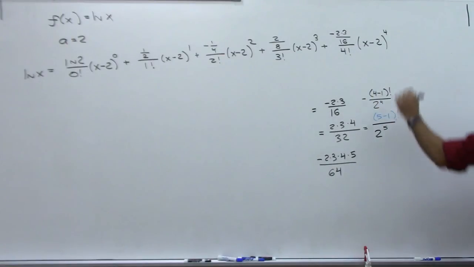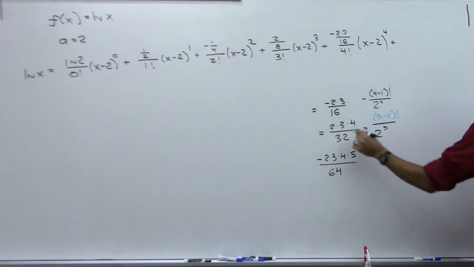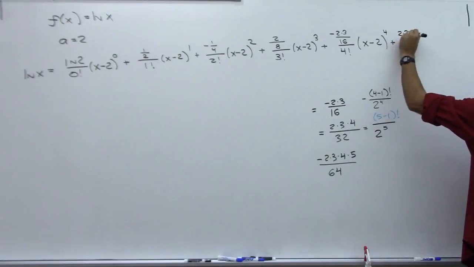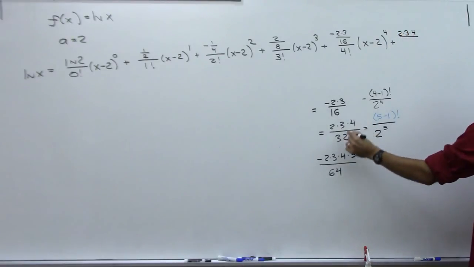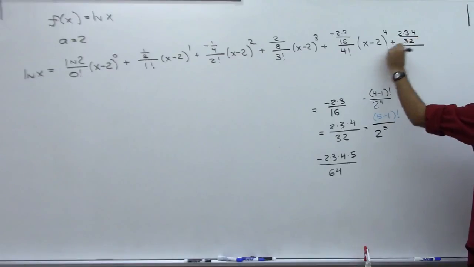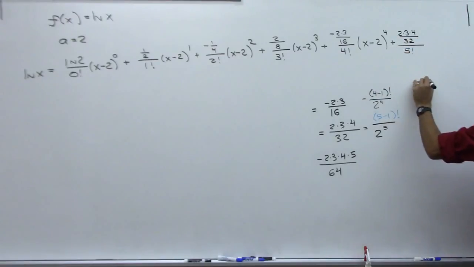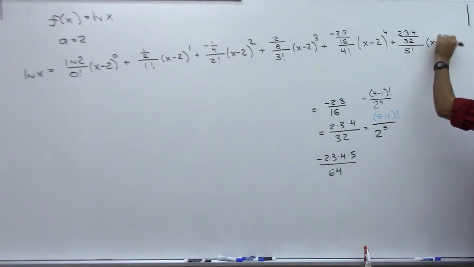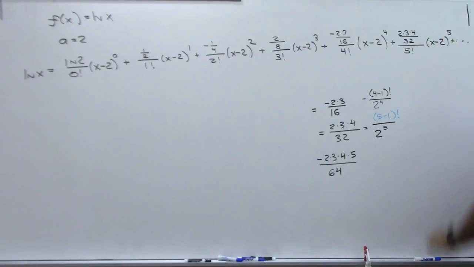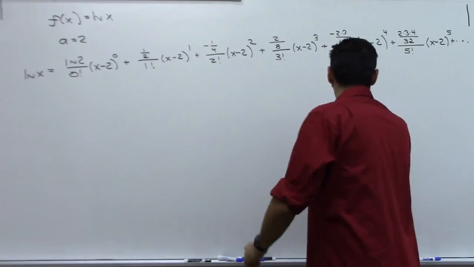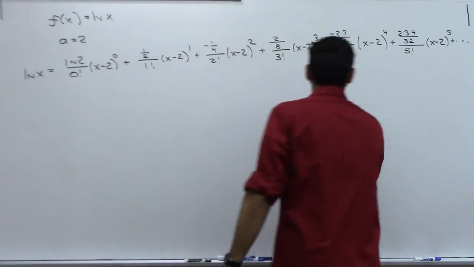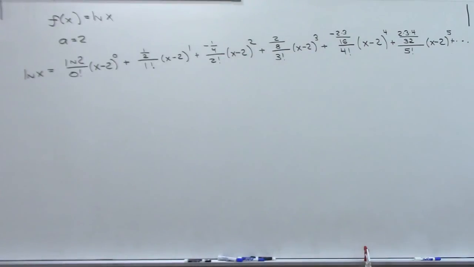I'll do one more. Plus 2 times 3 times 4 over 32 over 5 factorial, x minus 2 to the fifth, plus dot, dot, dot. So that's my Taylor series for natural log of x about a is 2.